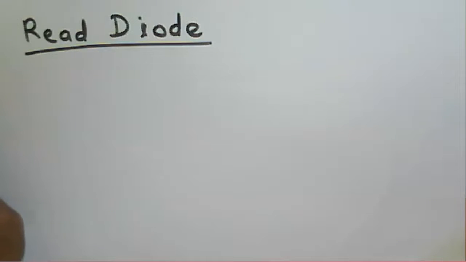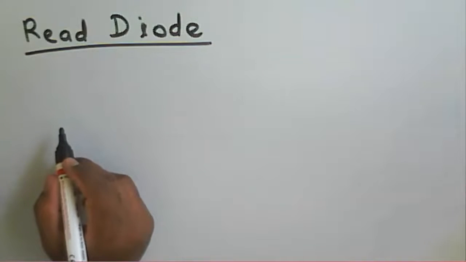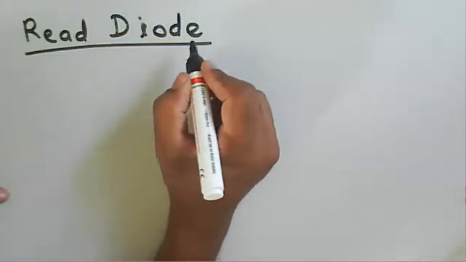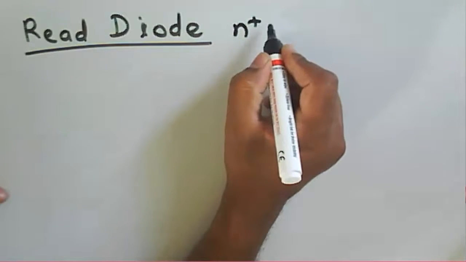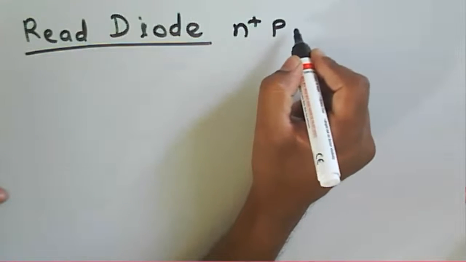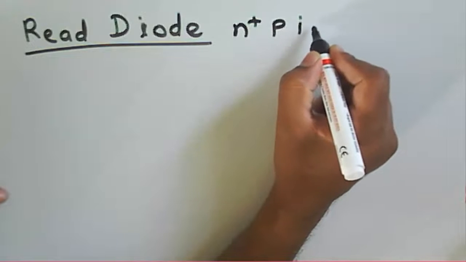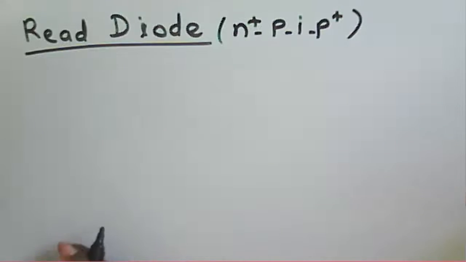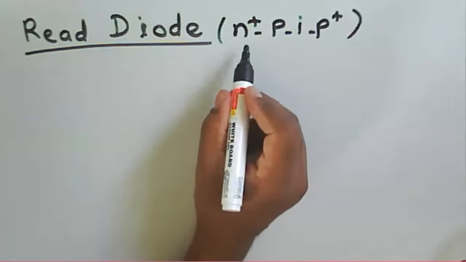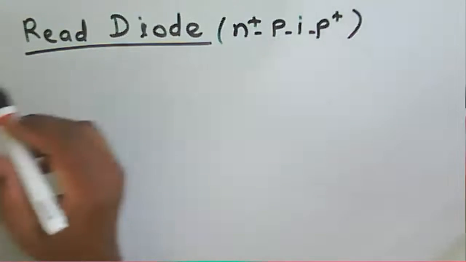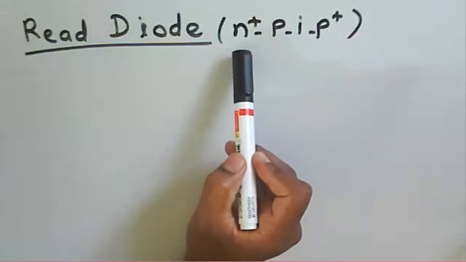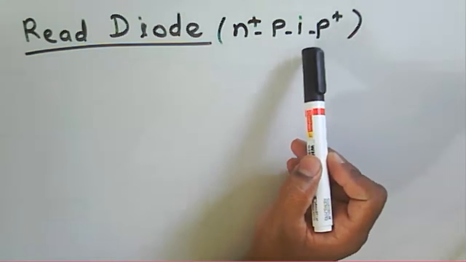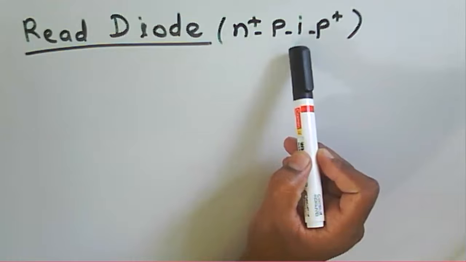Now we see how this diode is constructed. Generally it has a combination of n plus, then a p, then an I, then a p plus. So this is a combination of a diode that is generally used. The n plus is a heavily doped n plus region, then a heavily doped p region, and the I is the intrinsic region.